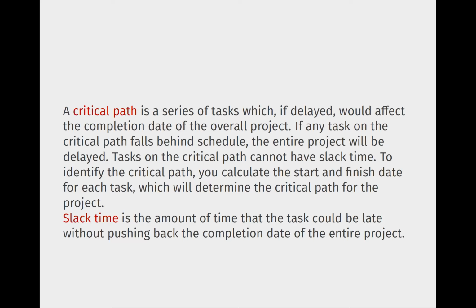The definition for slack time is the amount of time that the task could be late without pushing back the completion date of the entire project. Right? So now we know that some of the tasks in the critical path you cannot change, because when you change, it'll affect our total project time. Okay, so that's the first thing you need to understand.